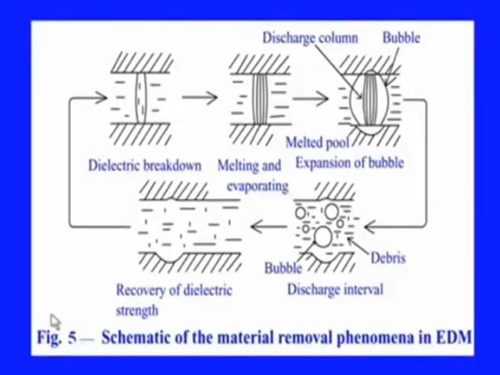The material removal phenomena in EDM are shown in this figure, where on applying the voltage, the dielectric breakdown of the column occurs in the nearest zone, or the closest points between the tool and the workpiece.